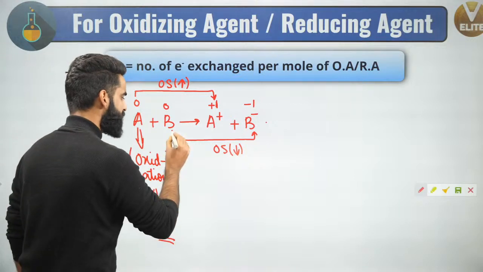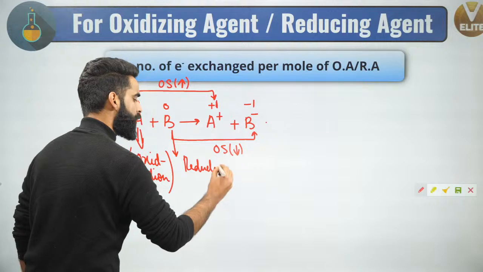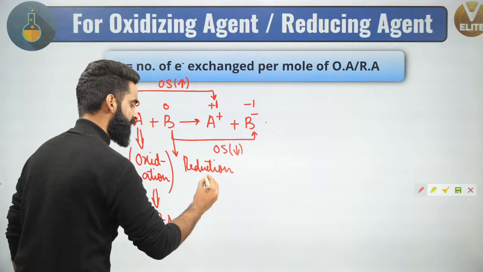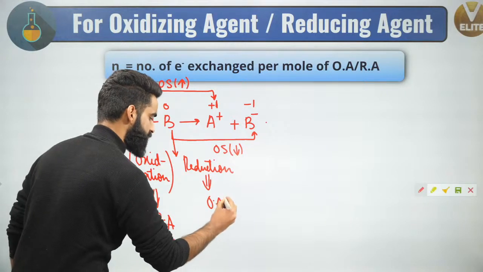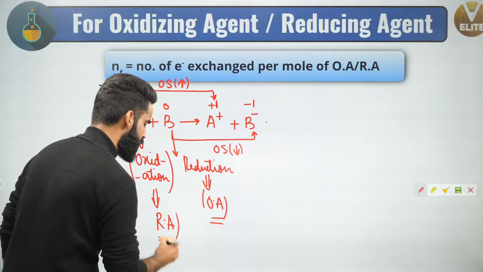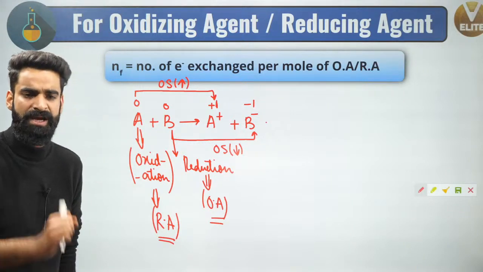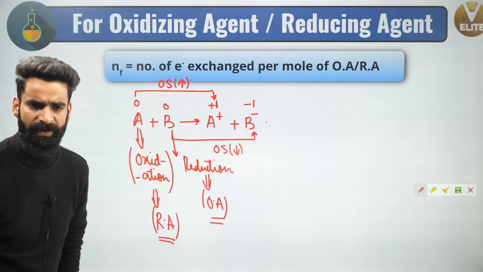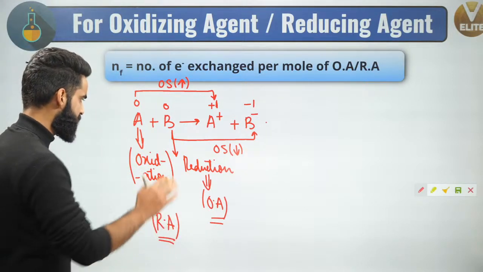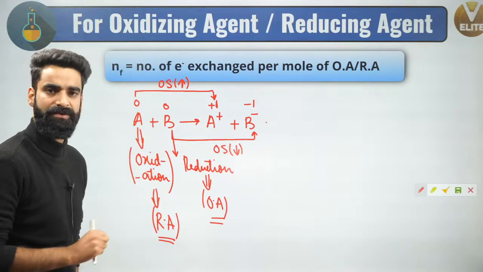So B right here is undergoing reduction, and any substance which undergoes reduction in this reaction is what we call the oxidizing agent. So first thing I got to know is which one among these two reactants is my oxidizing agent and which one is the reducing agent. Very simple. This is my reducing agent right here, and this is my oxidizing agent right here.